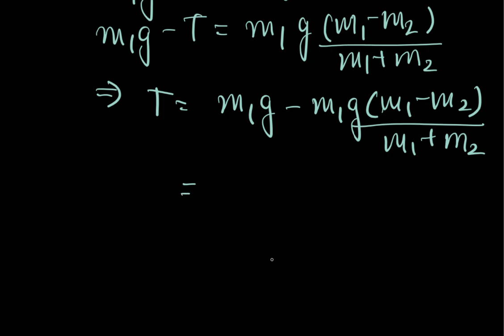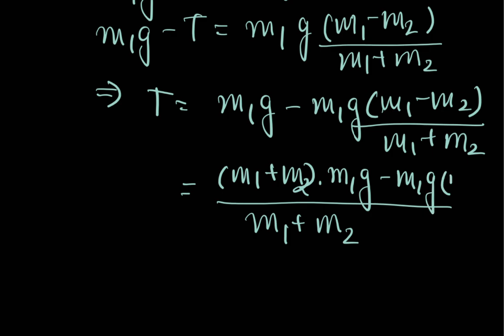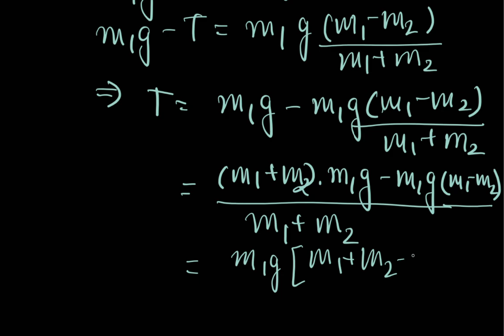Taking the common denominator, m1 plus m2, we get m1g times (m1 plus m2) minus m1g times (m1 minus m2), upon m1 plus m2. Taking m1g common, we get (m1 plus m2) minus (m1 minus m2), that is plus m2, divided by m1 plus m2.